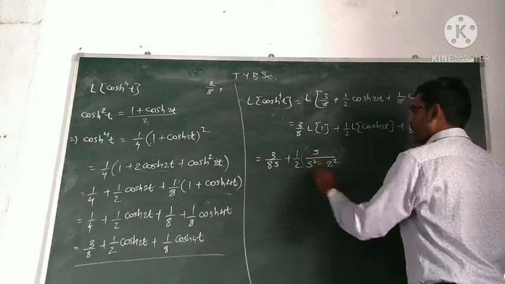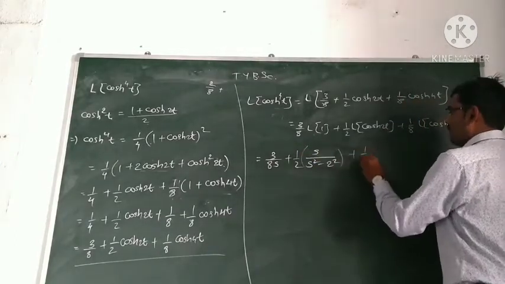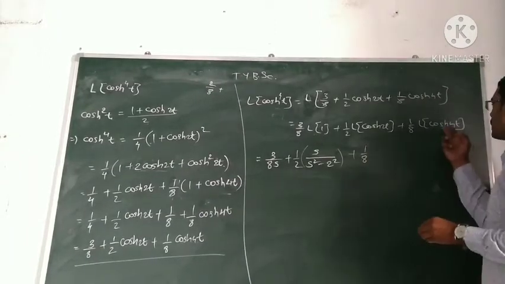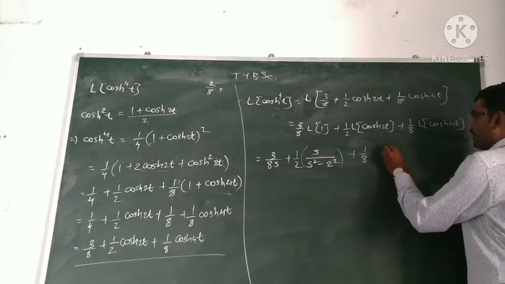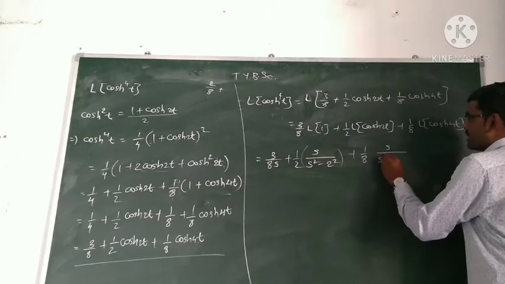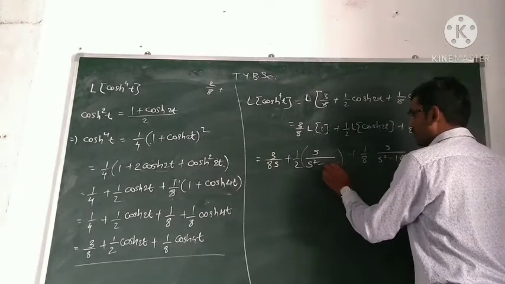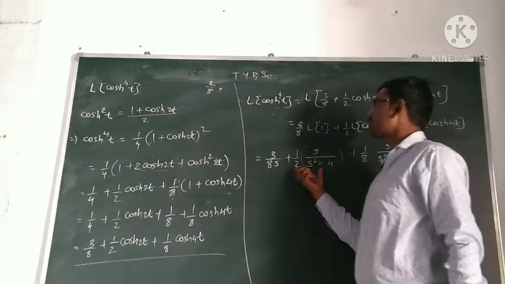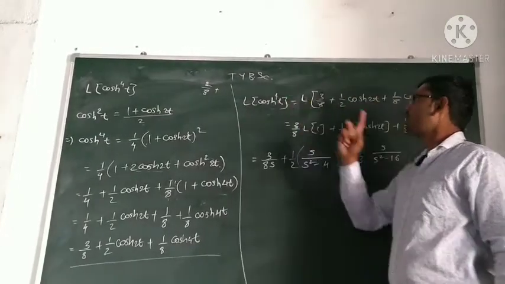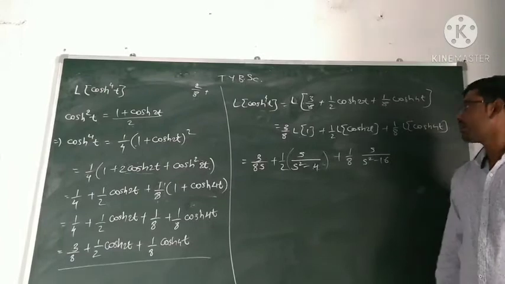Plus 1 by 8 as it is into the Laplace transform of cosh 4t. This is equal to s upon s square minus 4 square, that is 16. Here 2 square is equal to 4. This is the Laplace transform of cosh to the power 4t.